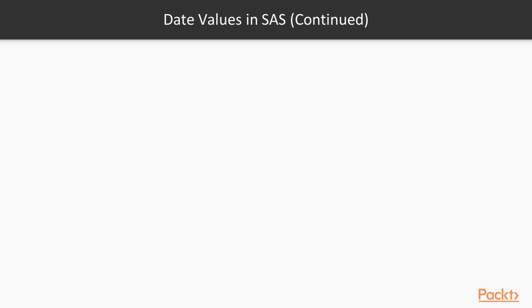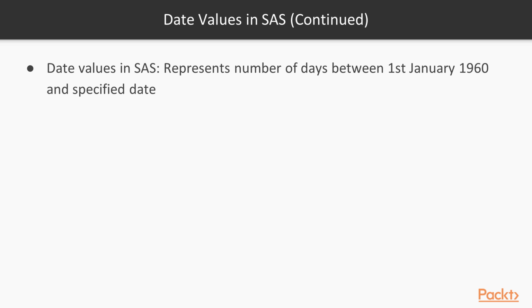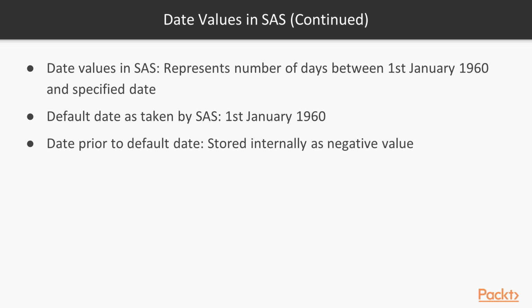Summarizing it, date values in SAS represent the number of days between 1st January 1960, which is the default date, and the date specified by the user. Any date that is prior to the default date is stored internally as a negative value.